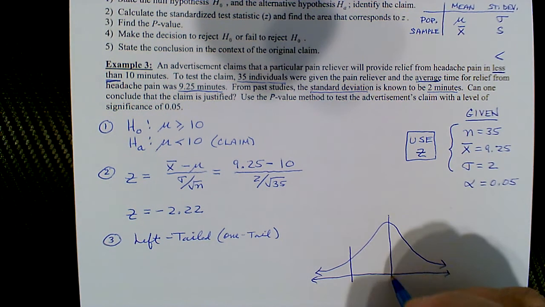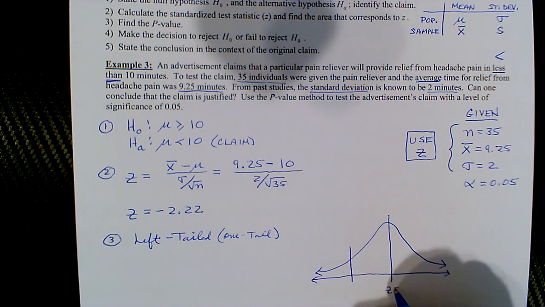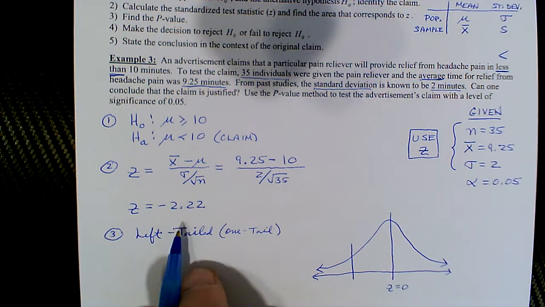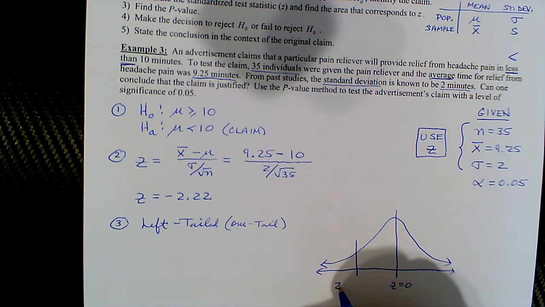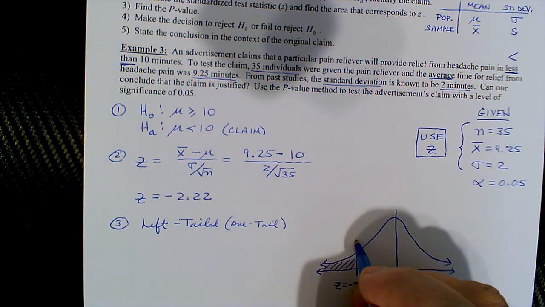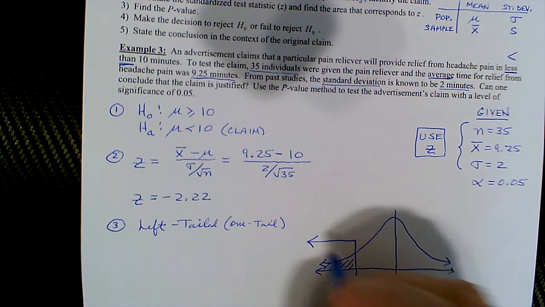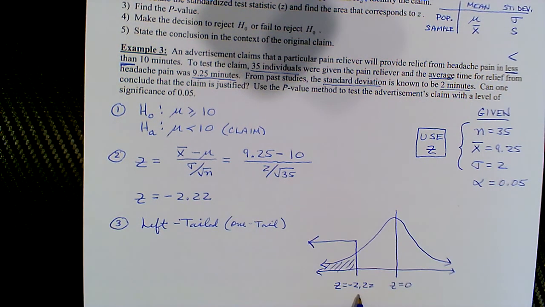You put the z equaling 0 down the middle. And that left tail corresponds to the standardized test statistic of negative 2.22 in this case.